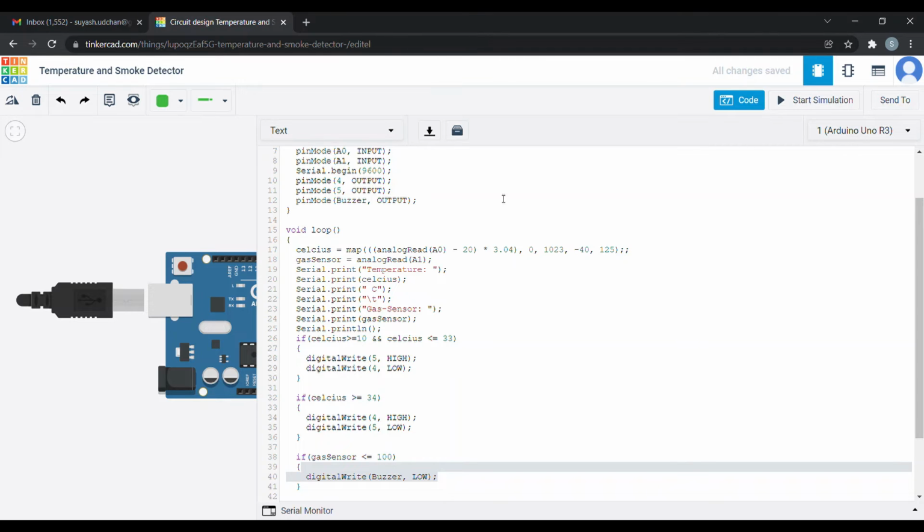After that, similarly with the gas sensor variable, we are going to take input from pin A1, which we connected to the gas sensor, and store that input in the gas sensor variable.